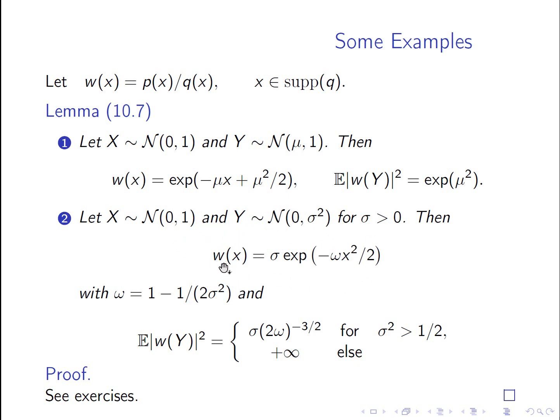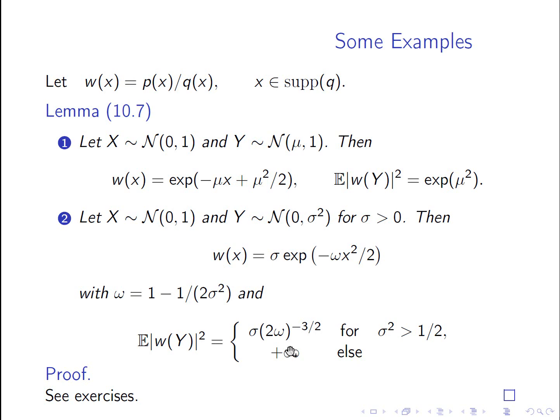So w of x is sigma times the exponential of minus omega x squared over 2, and omega is not an element of our sample space, but just another abbreviation for 1 minus 1 over 2 sigma squared. Okay, that's our w. And what is the expectation of w of Y squared? If sigma squared is greater than 1/2, we get this expression, and otherwise it's infinity.